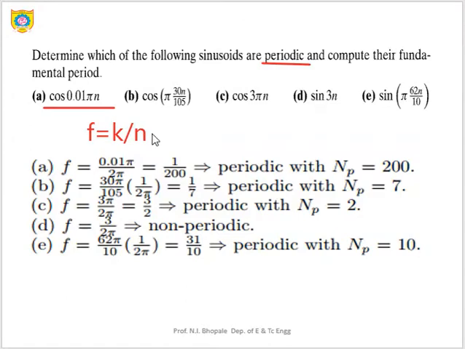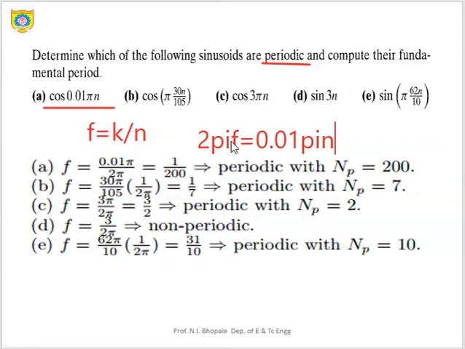To get this value of k, if I compare cos 0.01 pi n to cos omega n, I can find here that 2 pi f is equal to 0.01 pi n.